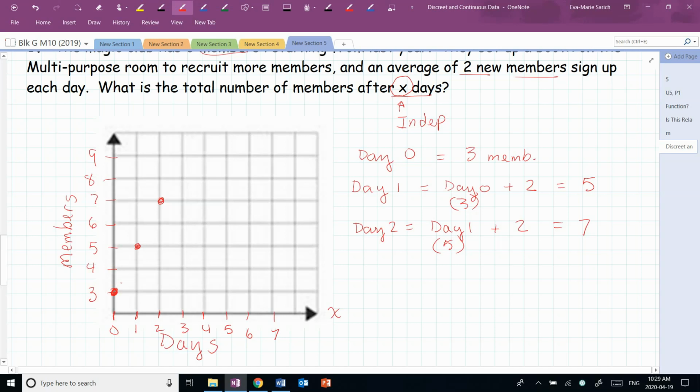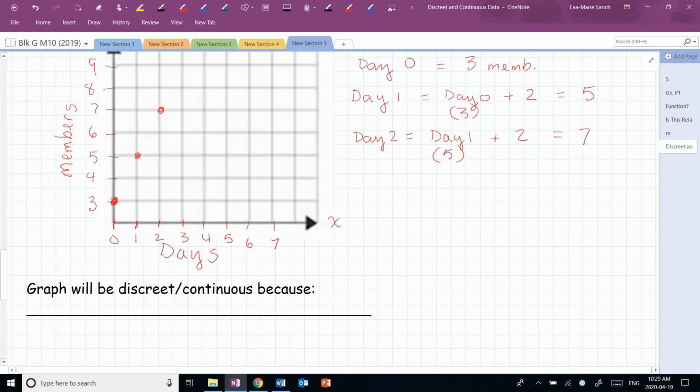So in fact, this is going to be discrete data, and we are not going to add a line to join them together. So at the bottom here, we're going to have to decide, should this be discrete or continuous? Well, it's going to be discrete because we can't have part of a member.